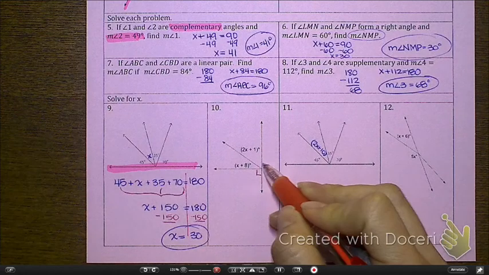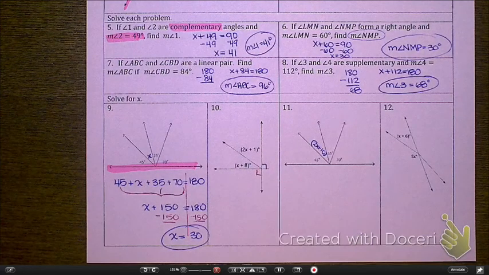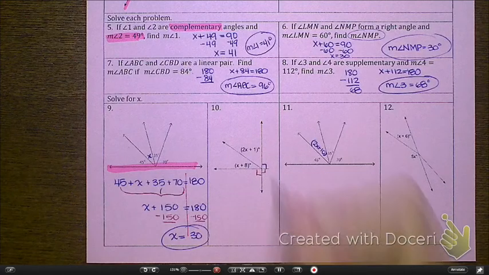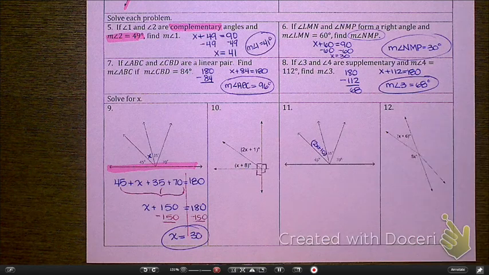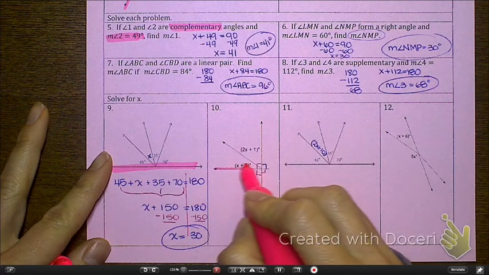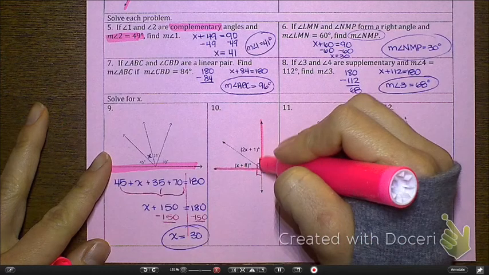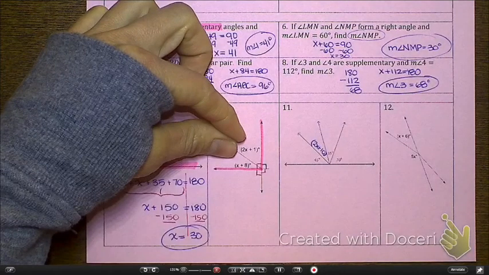Is there a faster, shorter, more efficient way? If this is a right angle here, you guys told me this was a right angle here, and what else is over here? 90. Do you guys see that this right angle, what do I know about these two angles? What's that called? Complementary, right?